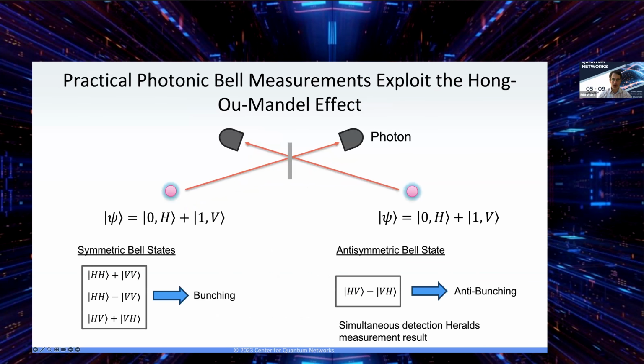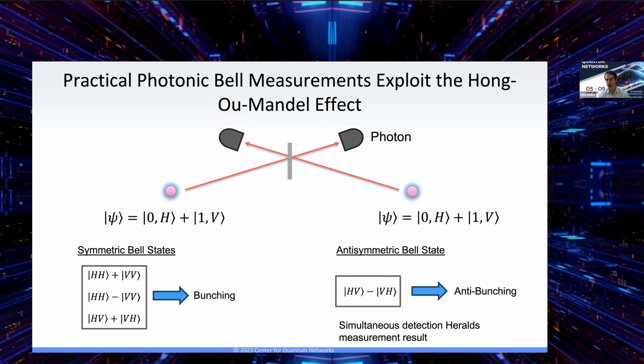Why is that useful? Consider the spin-photon entangled states, the qubit-photon entangled states that I talked about in the previous slide. If I send the photon associated with this state to one port of the beam splitter, and the photon associated with this state to the other port of the beam splitter, it turns out that when the polarizations are the same, you will never get a simultaneous click because of Hong-Ou-Mandel interference.